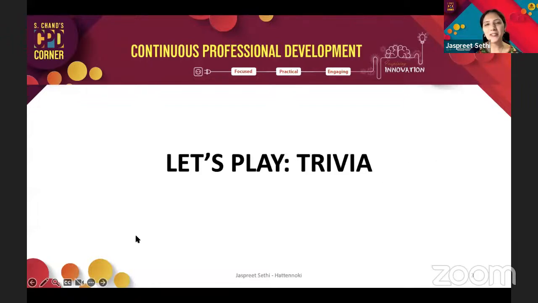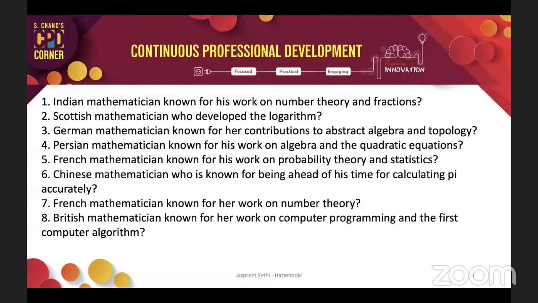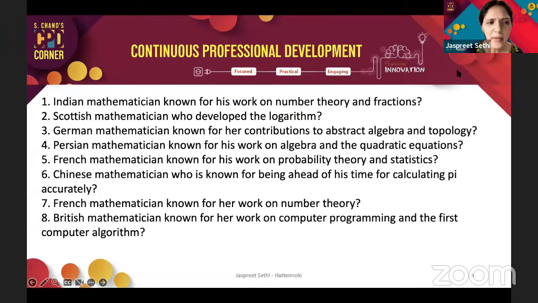So let's play trivia. Is the chat box open, Saryu? Yes, ma'am. All right, perfect. So here are my questions. They may be a little short in font, so I'll read them. An Indian mathematician known for his work on number theory and fractions. Anyone? You can just start typing in the chat, but please put 1 and then list the name if you do know.